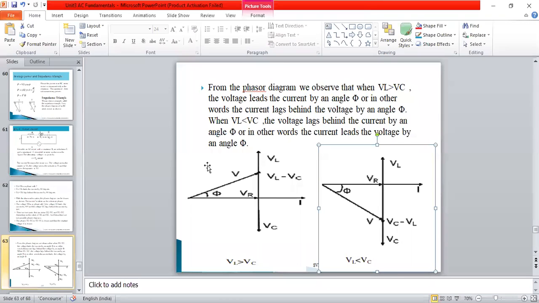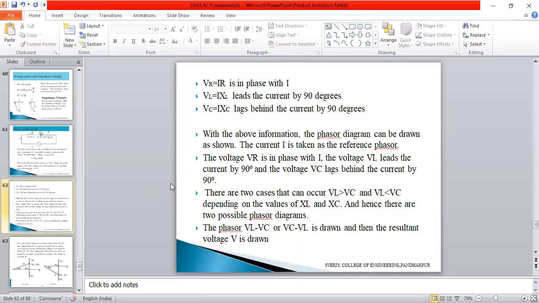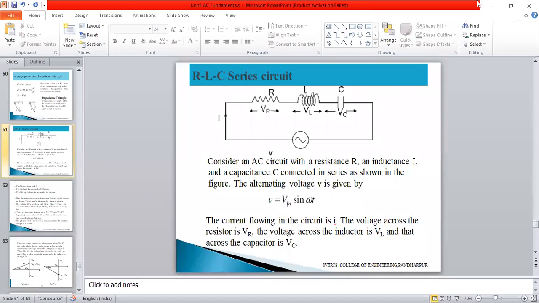I will explain it using the circuit diagram only.